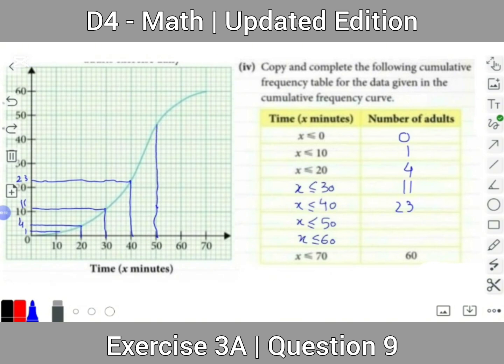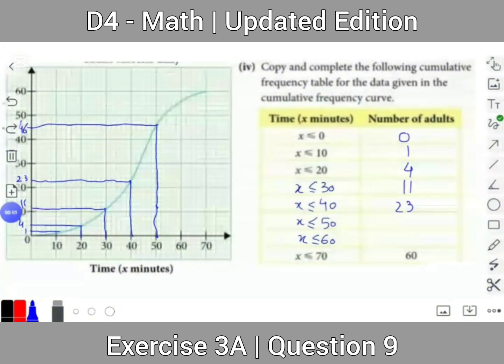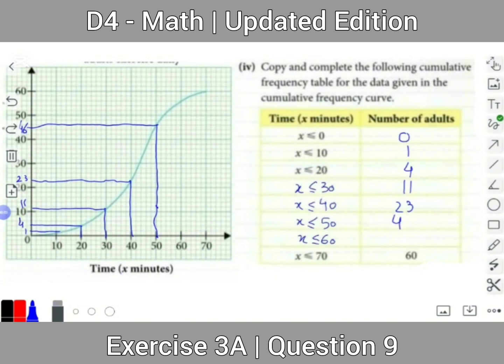Now from the point of intersection on the curve, we will draw a horizontal line until it touches the vertical axis. So here we have 42, 44, 46. So the number of adults for x less than or equal to 50 is 46.